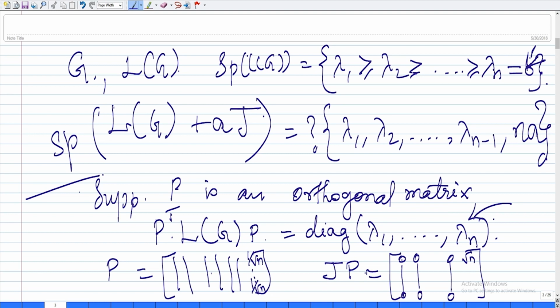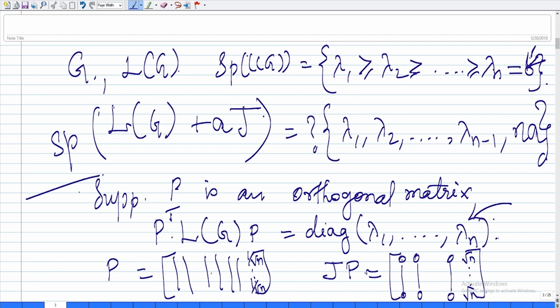That last column would be n times root n, you will be adding 1 over root n plus 1 over root n plus 1 over root n. So, it would be n times 1 over root n, which is root n, and every element in this column will have the value root n. Now, if I pre-multiply this with the P transpose matrix, since we have all 0 here and the last column alone exists, my P transpose will have only my last row existing over there.